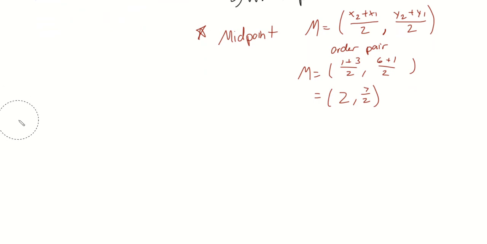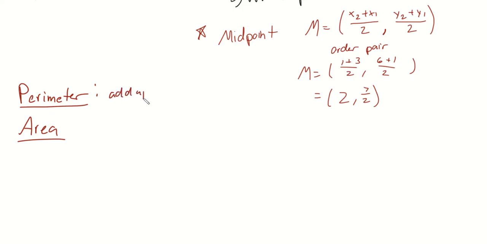Okay, up on the boards, I gave you additional questions. What was my question? Area and perimeter. Put perimeter up top. How do I find the perimeter of any shape? Yep, add up all sides.